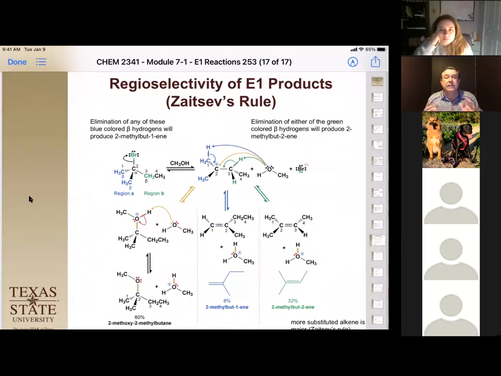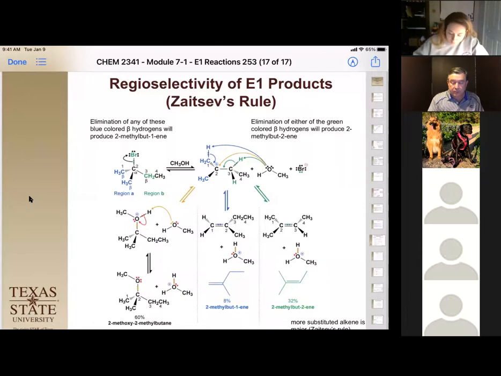We call that Zaitsev's rule. Zaitsev's rule tells us that we want to look at the different types of beta hydrogens we have, and the beta hydrogen that will give us the more substituted product is favored, okay?